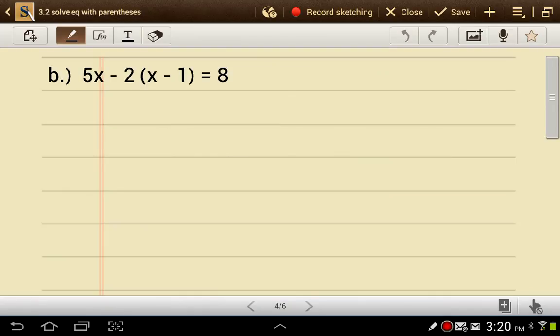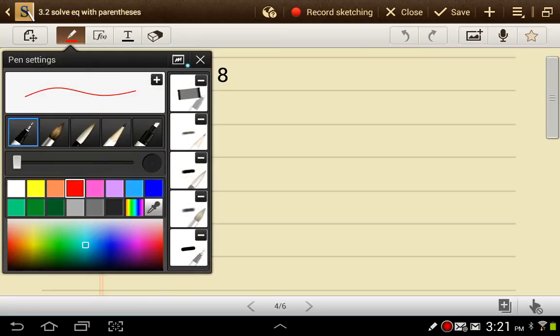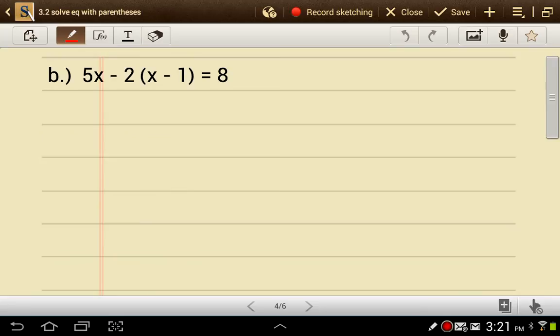For b here, we have 5x minus 2 times the quantity x minus 1, and that equals 8. The first thing I have to do here is distribute. Again, I'm going to change my pen color here so we can see this. We have a situation where we have a minus 2. I'm going to turn that into a plus negative 2 and a plus negative 1, kind of like I did in the warm-up problem the other day.